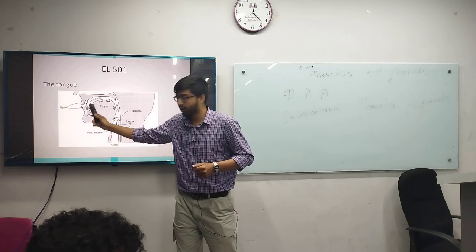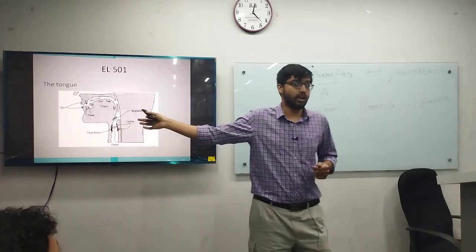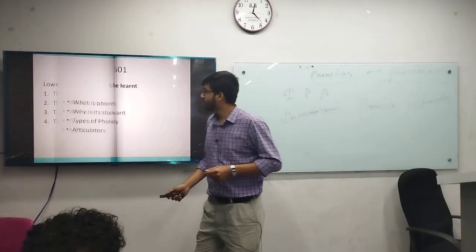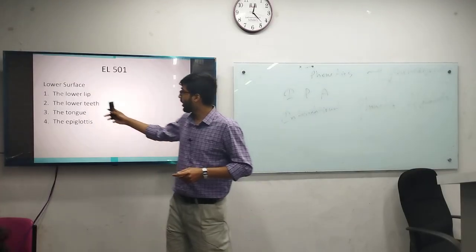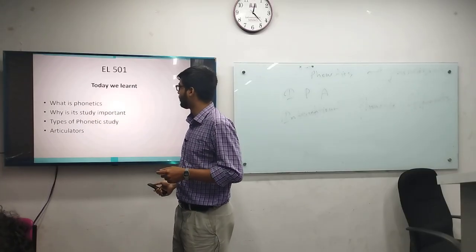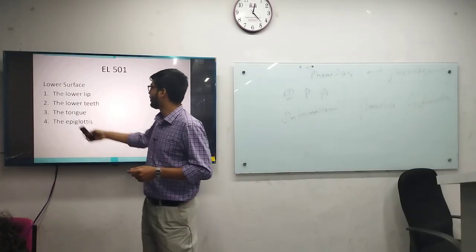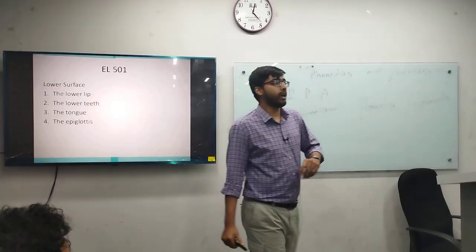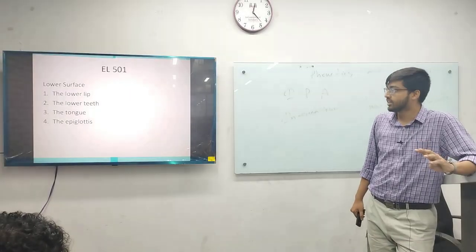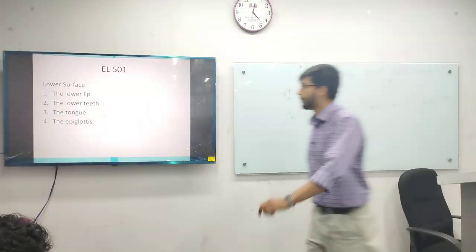Okay, the whole tongue looks like this, our tongue. Okay, the epiglottis also. Okay, at the lower surface there are 4 things: the lower lip, the lower teeth, the tongue, the epiglottis.